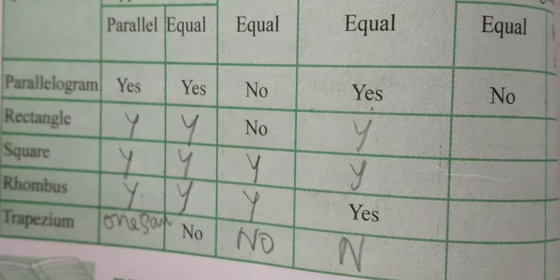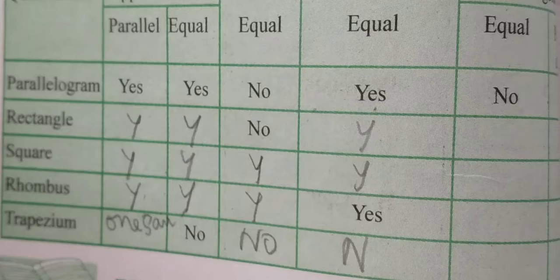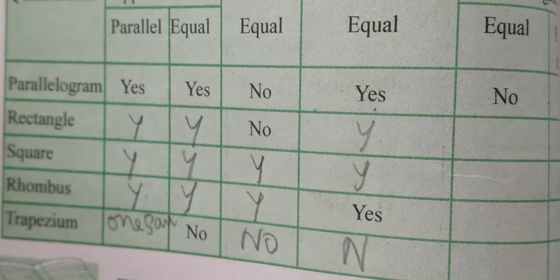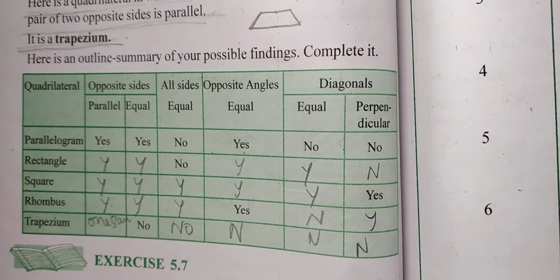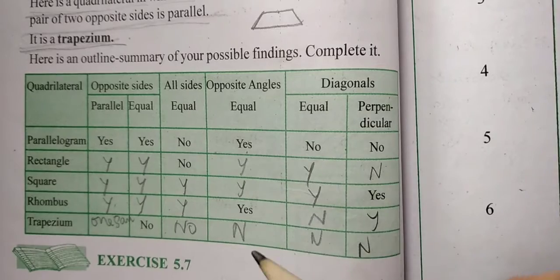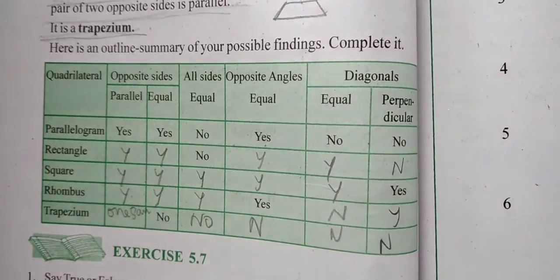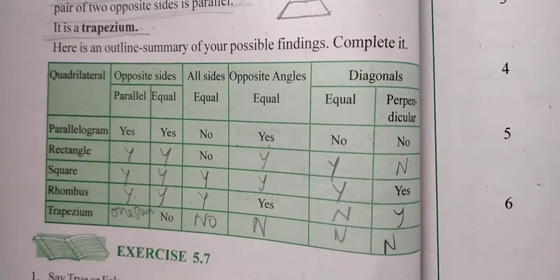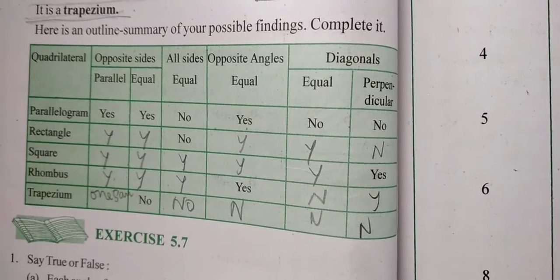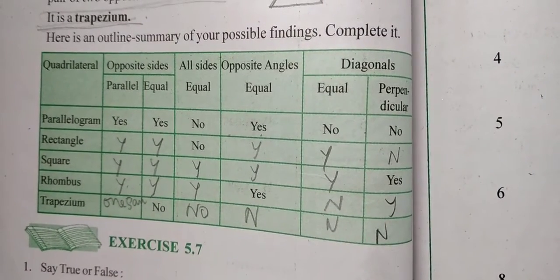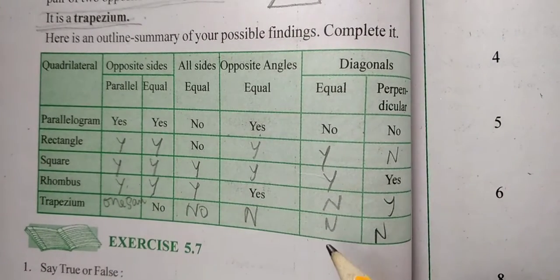Parallelogram, no. Then rectangle, yes, diagonals of a rectangle are of equal measure. Then square, it's again yes. Then rhombus, it's no, diagonals are not of equal measure. Trapezium, no.